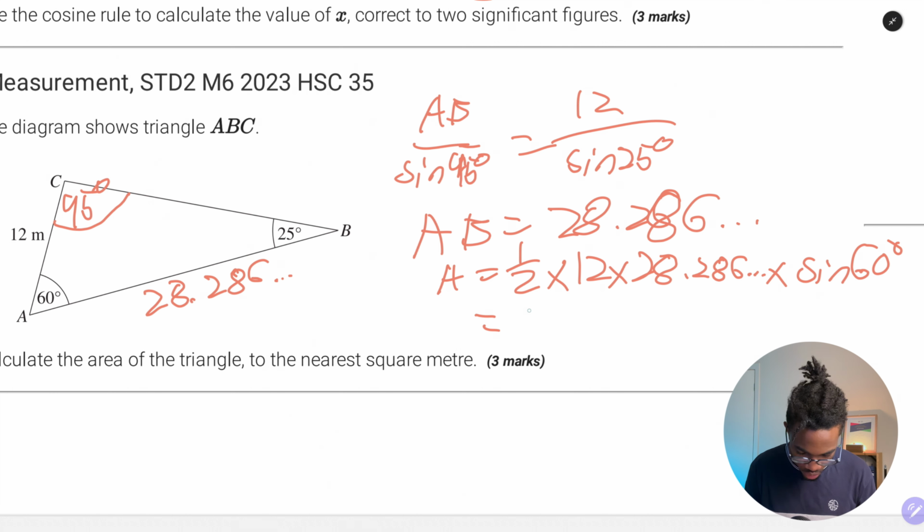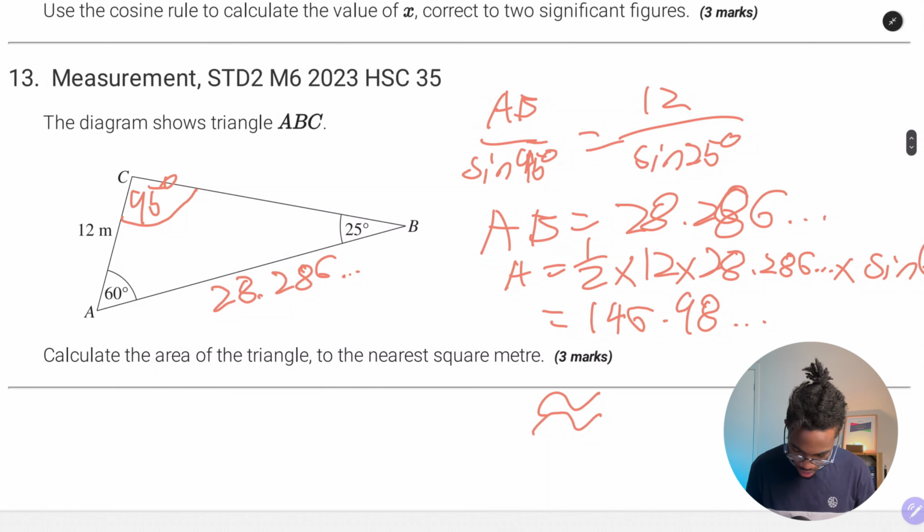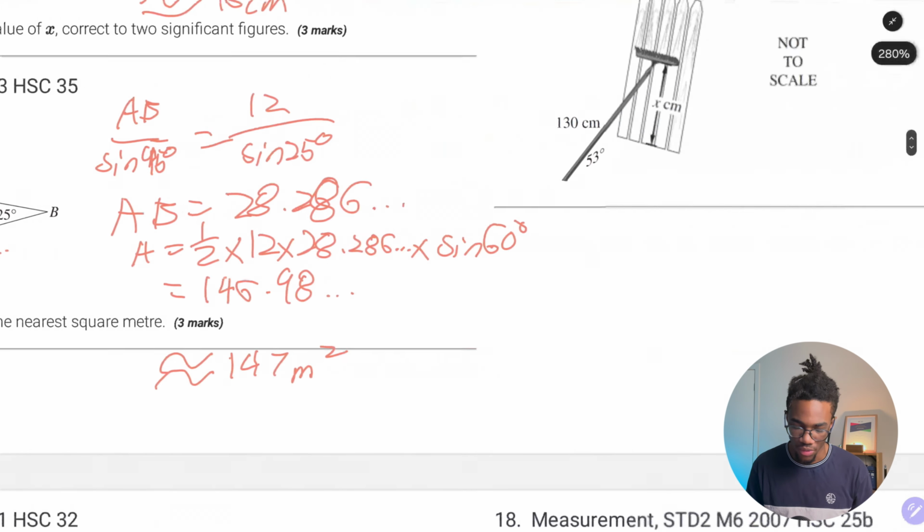And that equals 146.98... So to the nearest square meter, it's approximately equal to 147 meters squared. Right, next one.